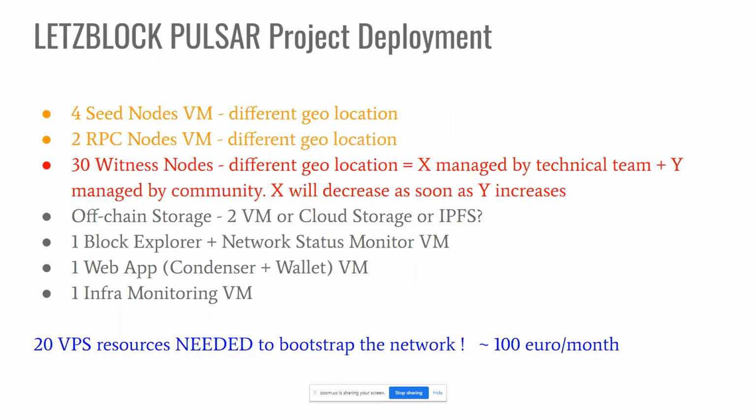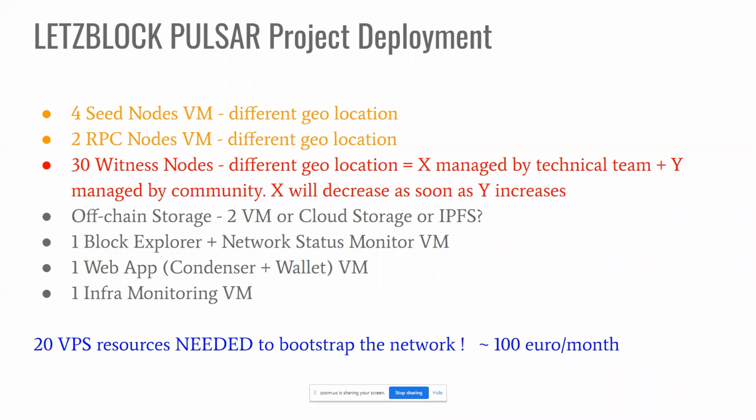Now, going directly into how it should look, the specific implementation of the Pulsar protocol in the context of the LetzBlock project, our recommendation is to start with a set of virtual machines that each have a different role.